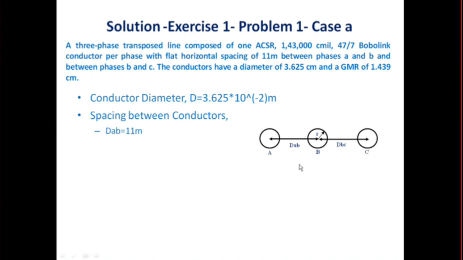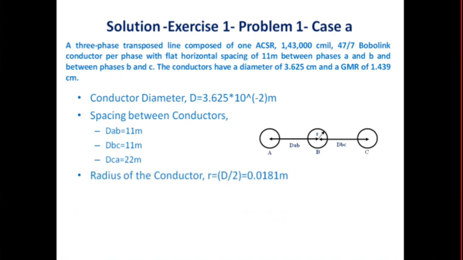Next, between conductors B and C, that is DBC, is 11 meters. Next is DCA, the spacing between conductors A and C. You know that the spacing between A and B is 11 and B and C is 11, so the spacing between A and C will be 11 plus 11, which is equal to 22 meters. Next, the radius of the conductor, which is D by 2, is equal to 0.0181 meters.